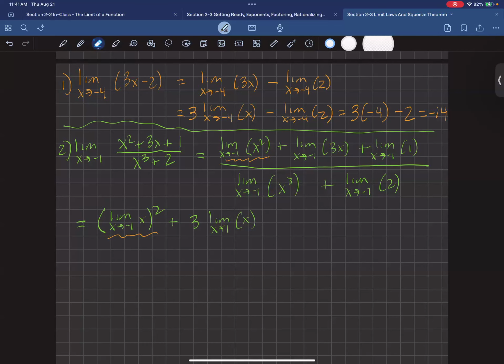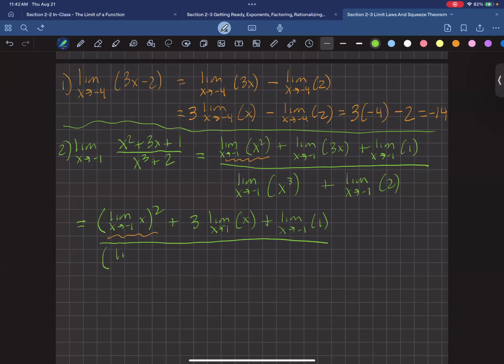And we've got the limit as x approaches -1 of 1. And on the bottom, I can pull the cube out: the limit as x approaches -1 of x cubed. That's this one here becoming this one here. And I have the limit as x approaches -1 of 2.